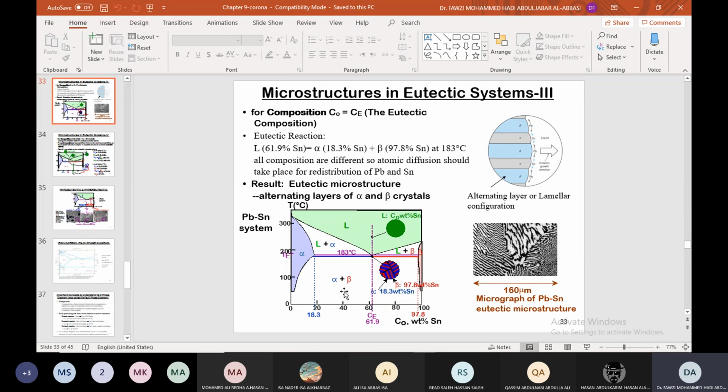Not only that, but it needs to do that change to 2 solid phases which have drastically different compositions of tin as well, because once you are below that, you have the alpha with 18.3% by weight tin, and the beta which has 97.8% by weight tin. So it not only requires changing the liquid phase to 2 solid phases, but to 2 solid phases with drastically different compositions as well.